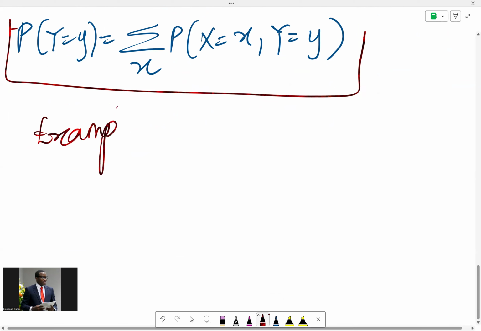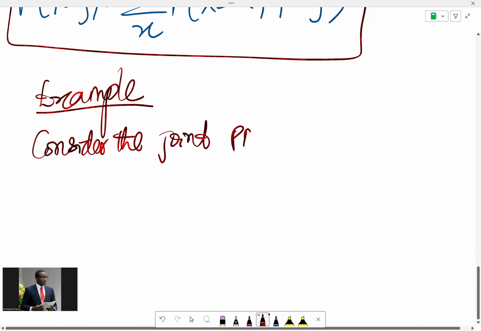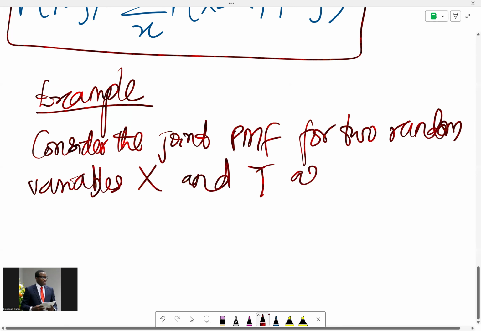Now consider the joint probability mass function for two random variables X and Y as follows.